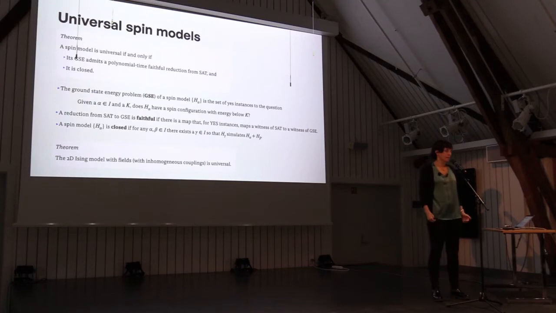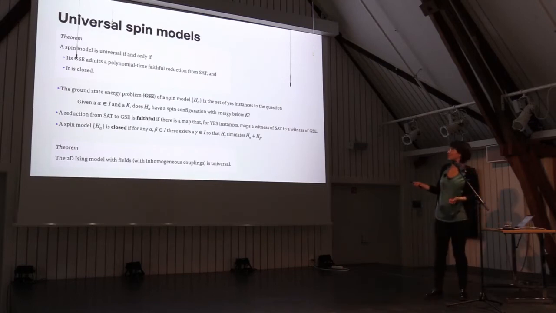And well, Theorem: the 2D Ising model with fields with inhomogeneous couplings is universal. And by extension, anything that's more complicated than that is also universal. In plain words, essentially every spin model is universal, essentially every spin model that's not too simple, that hasn't crossed this threshold. The first condition is pretty mild. The second one is a bit unclear.